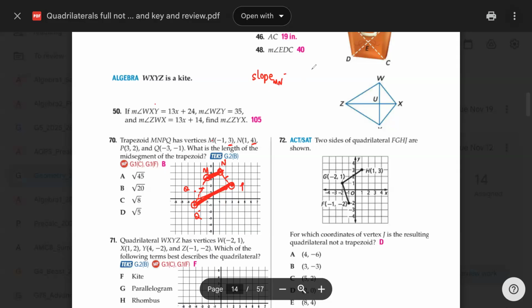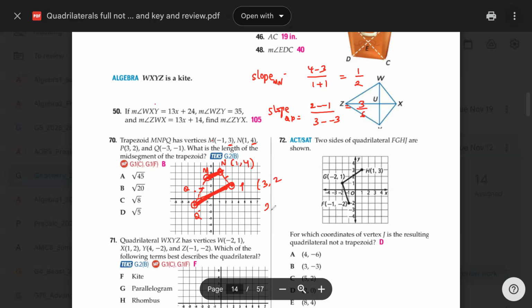Did you verify that? 4 minus 3 by 1 plus 1. Slope of QP is 2 minus minus 1 divided by 3 minus minus 3. So that is 3 by 6, which is 1 by 2. Yeah, slopes are the same, so we are good. NP: N is 1 comma 4, P is 3 comma 2.